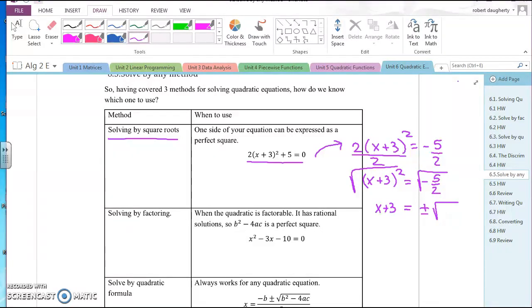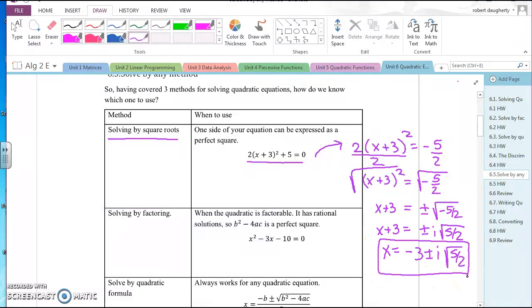So the square root of negative 5 halves, and so that's going to be x plus 3 is equal to plus or minus i times the square root of 5 halves. Solving that for x, x is negative 3 plus or minus i square root of 5 halves.